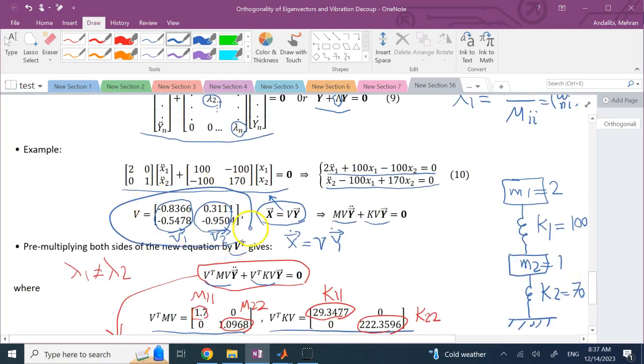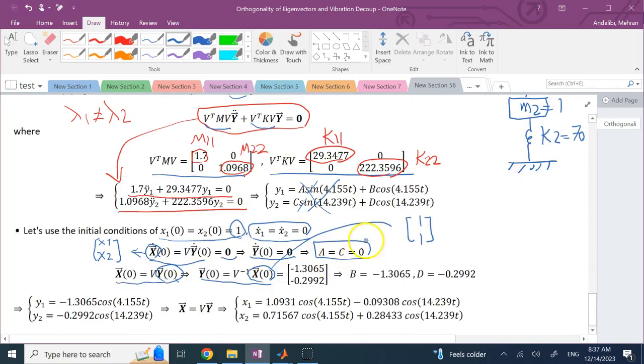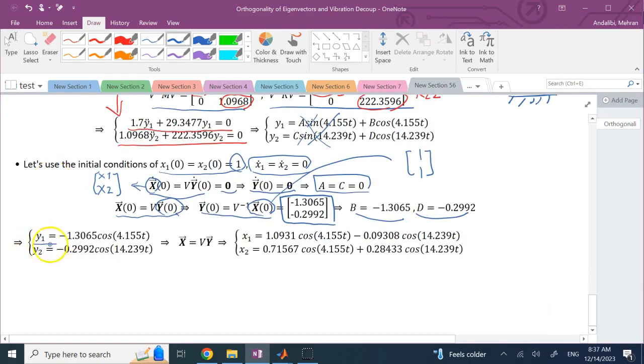We multiply inverse of that V matrix by 1 and 1, and this is going to be Y1 and Y2 at time 0, so those two numbers are B and D. So if you plug them in, your Y1 becomes this function, your Y2 becomes this function here. So I have my Y1 and Y2 solutions, and x is v times y, so we multiply that v matrix by y1 and y2, and we'll get x1 to be this and x2 to be this.